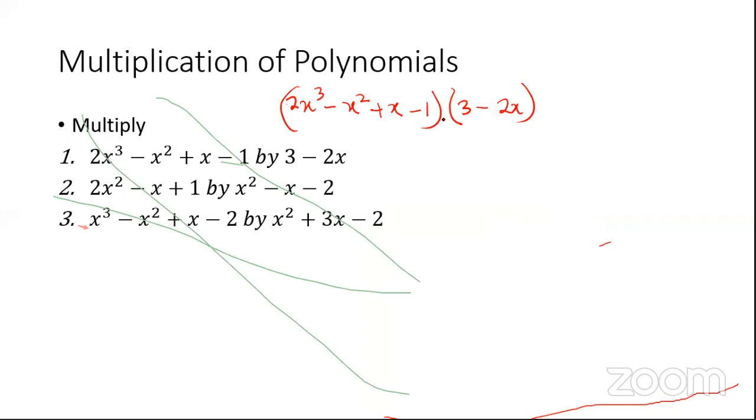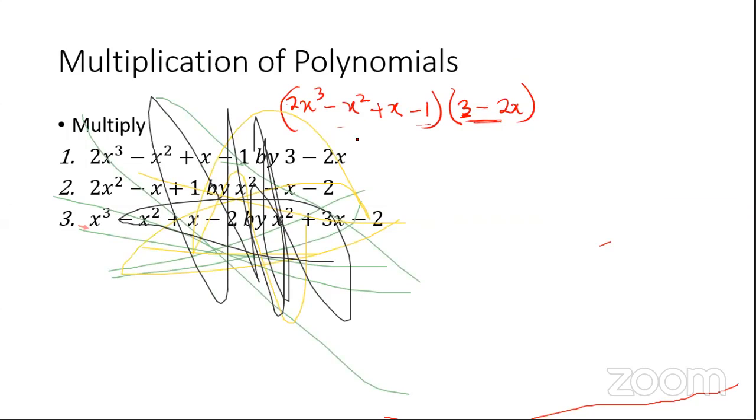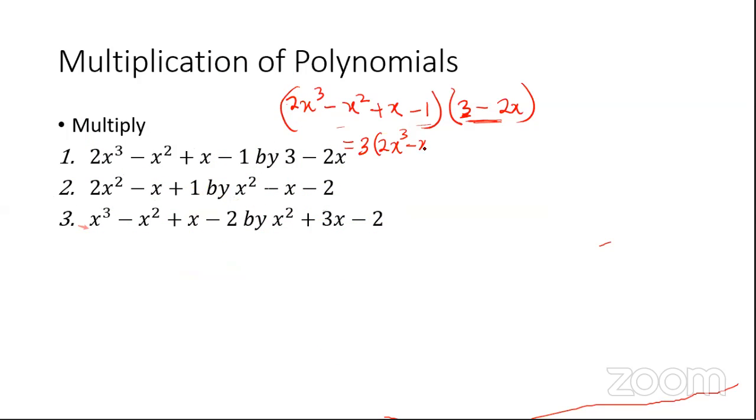So what you just need to do, it depends. Just like we do our normal expansion. You dismantle one bracket, you may decide to dismantle this one because it's just a binomial. So dismantle this, it means you are going to use 3 to multiply. You also use minus 2x to multiply. So at the end of the day, it's going to give us 3 into bracket 2x cubed minus x squared plus x minus 1.